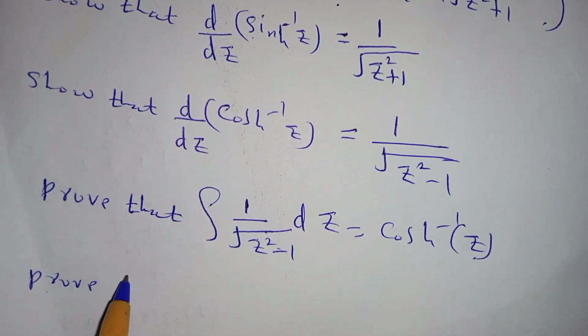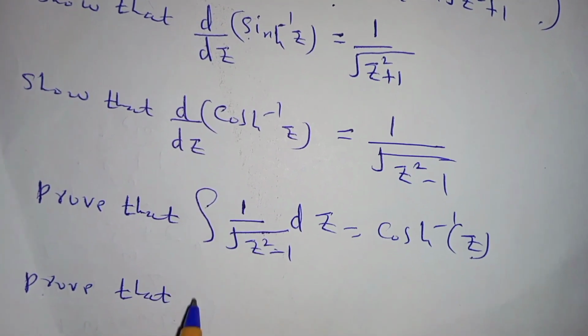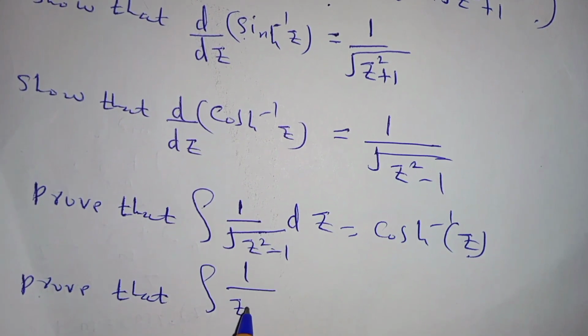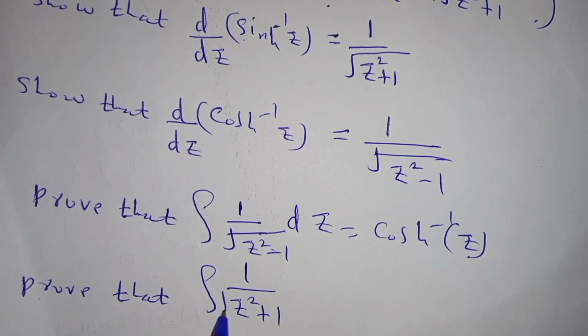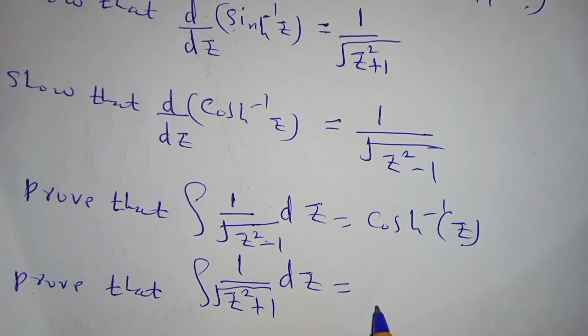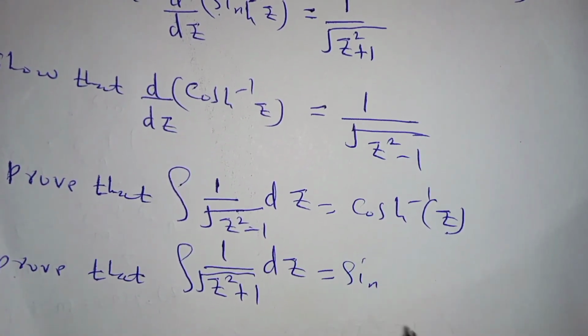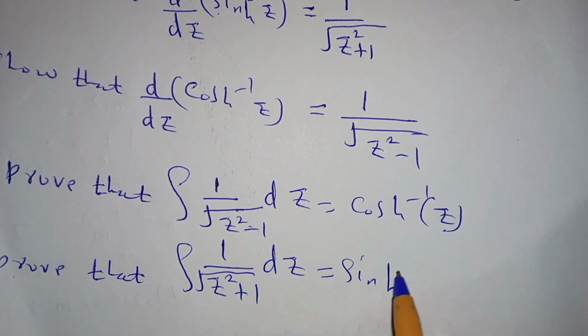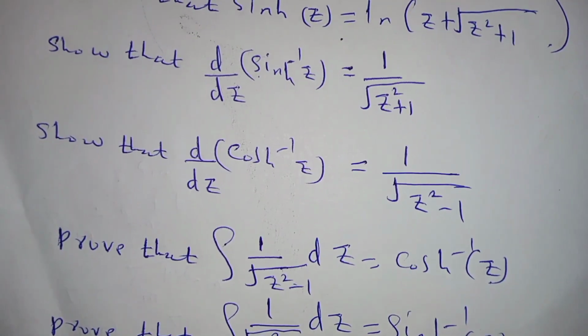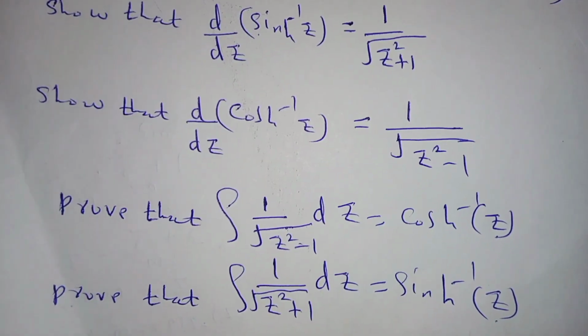Prove also that the integral of 1 over the square root of z squared plus 1 with respect to z is equal to the inverse hyperbolic sine of z.